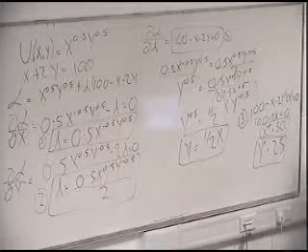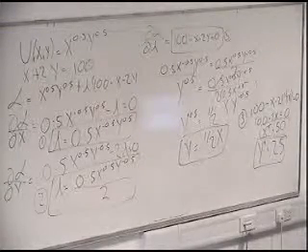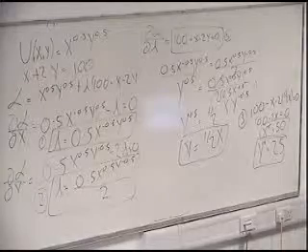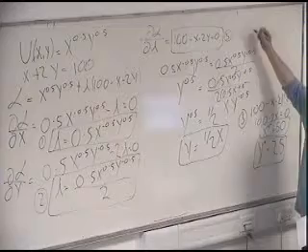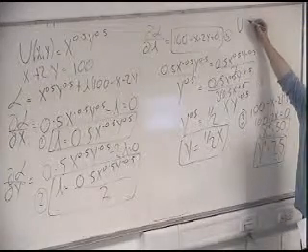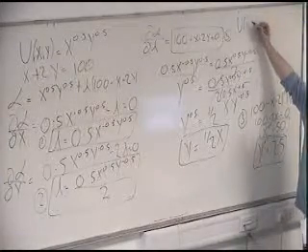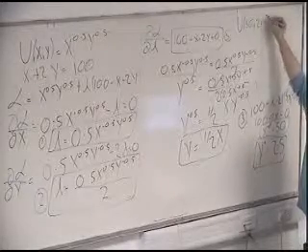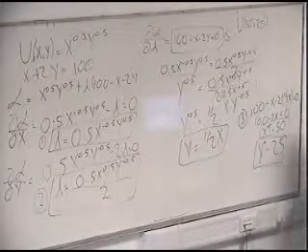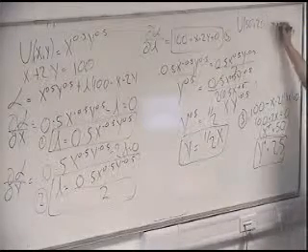Okay, so now we know our utility maximizing x's and y's. We also want to know what level of utility we get at the utility maximizing bundle. So u of 50 and 25, well, that's pretty straightforward. You just stick in what you found to be the best x and y combination.